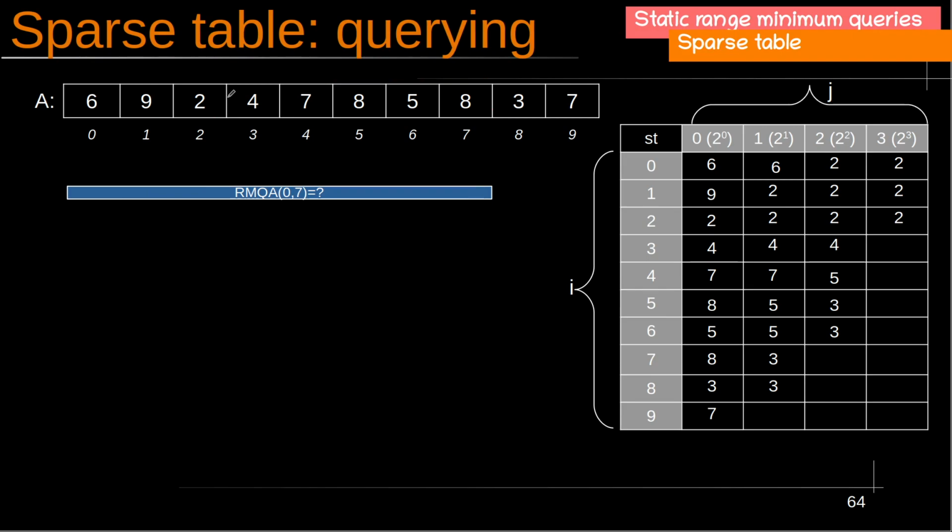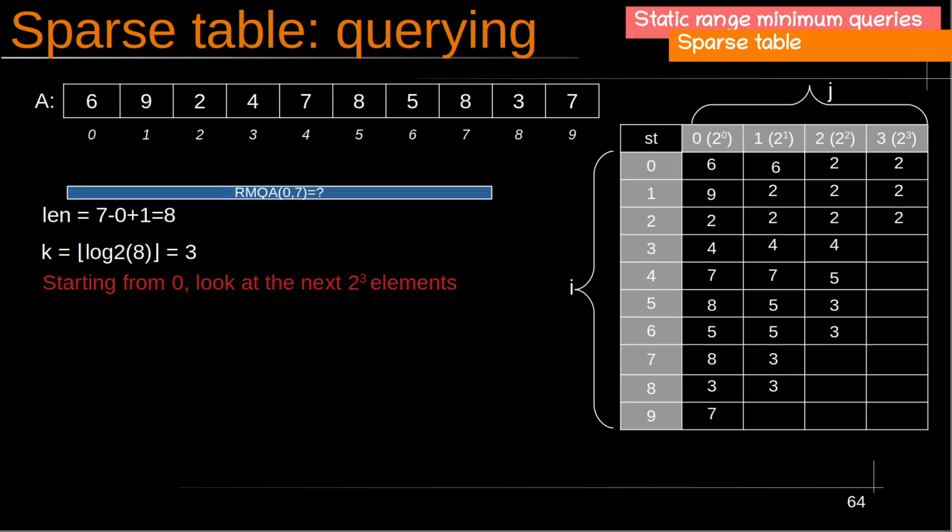One last example. The minimum from 0 to 7. Compute the length, the number of cells, equal to 8. Now we're going to compute the greatest power included in the sum of the powers of 2. The log of 8 is 3, because 8 is 2 to the power 3.